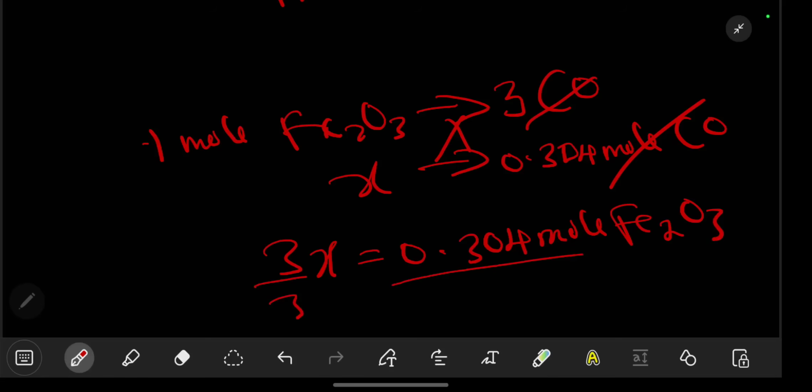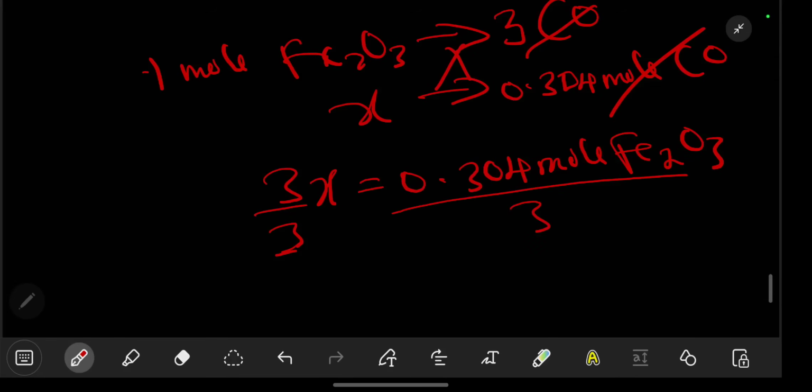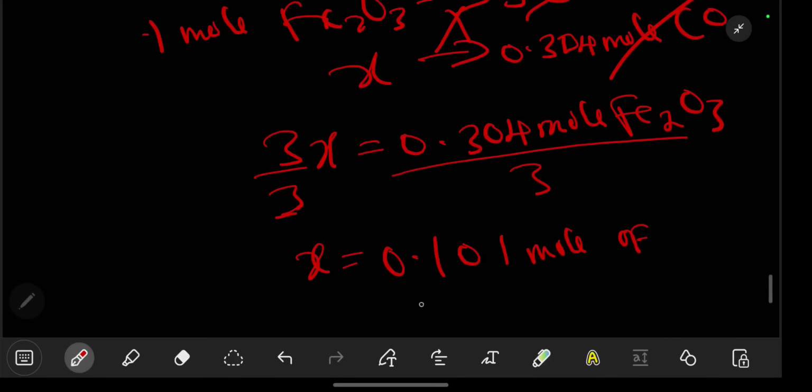We divide by 3, which will give us 0.304 divided by 3. This is going to give us x equal to 0.101 moles of our Fe2O3.